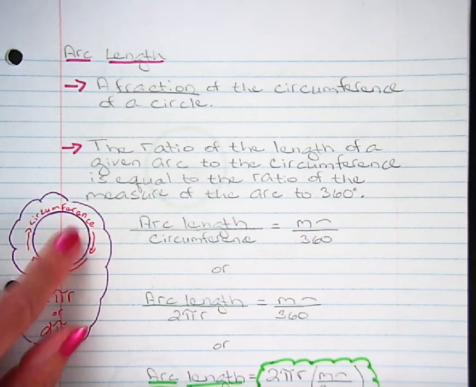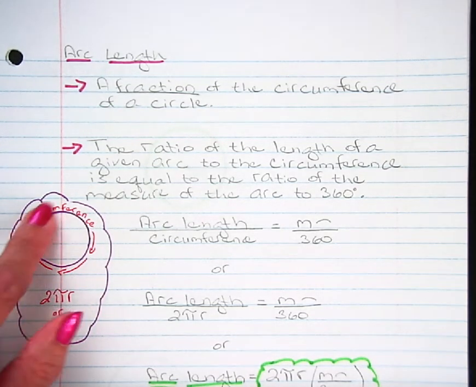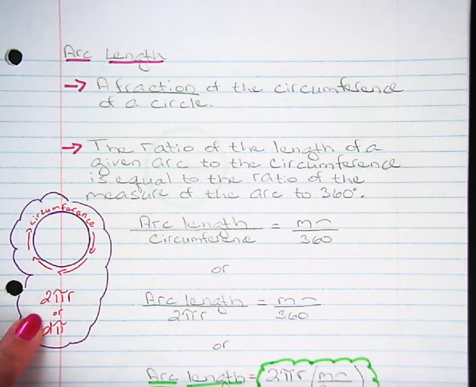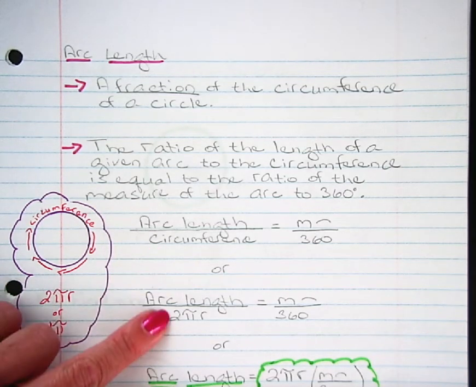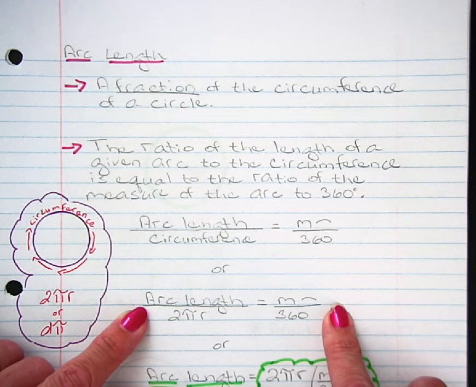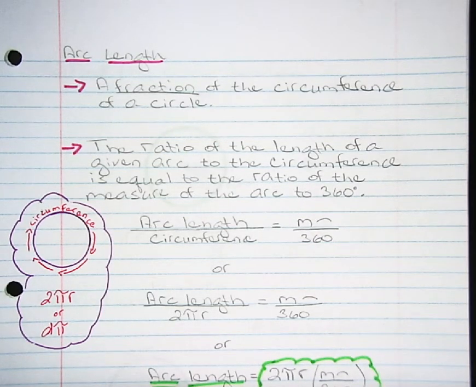Now remember, circumference is the distance all the way around a circle, so don't forget that. And the formula to find circumference is 2 pi r, or diameter times pi. So instead of putting circumference here, I just put 2 pi r in, because that's what circumference is. Then we're going to make this formula a little bit easier to use, so I'm going to multiply both sides by 2 pi r and get this in terms of arc length.